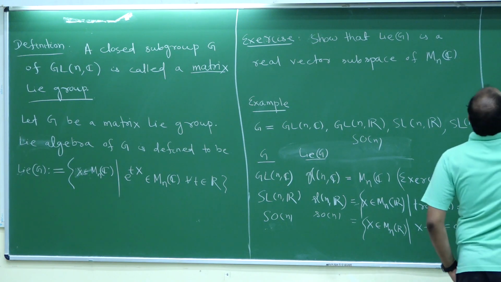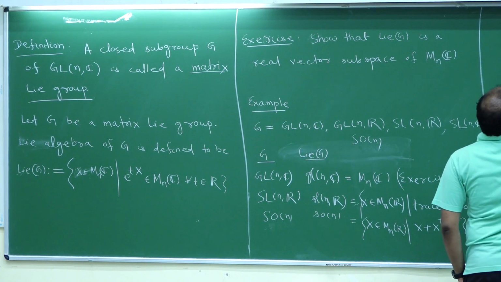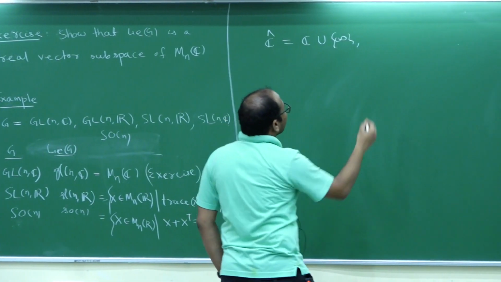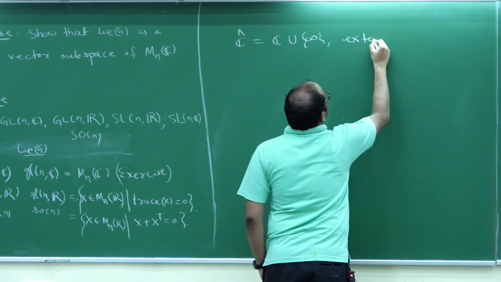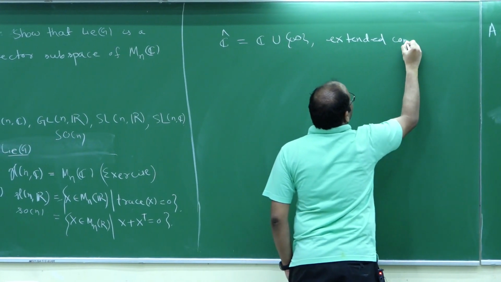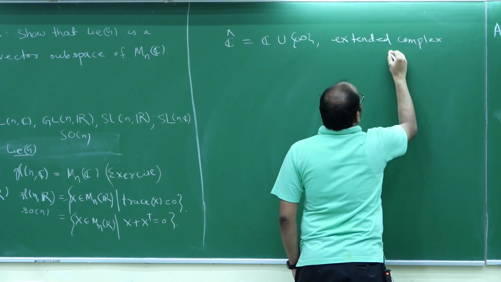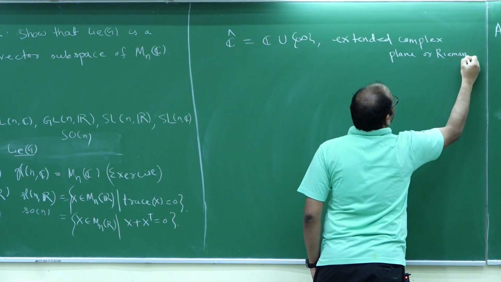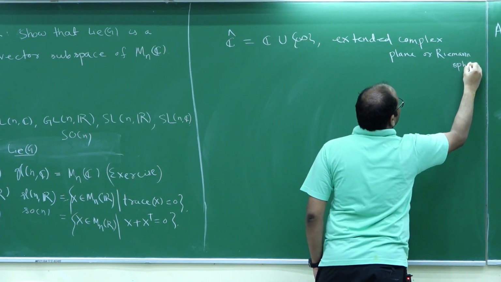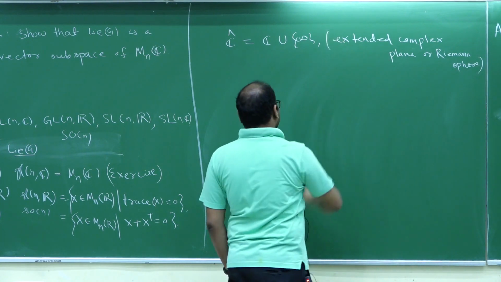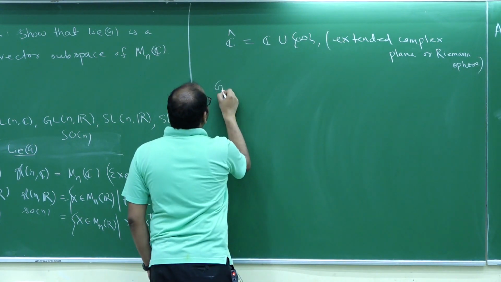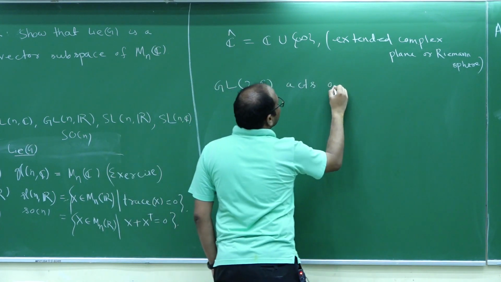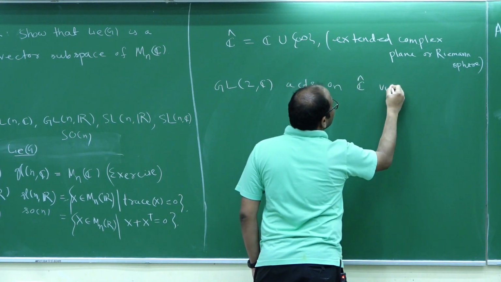Okay, you know that this C hat is a notation for C union infinity. And this is the extended complex plane, or this is the Riemann sphere. This group GL(2,C) acts on C hat by Möbius transformation.